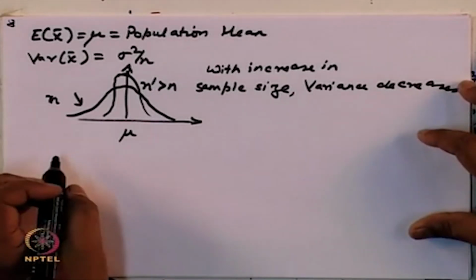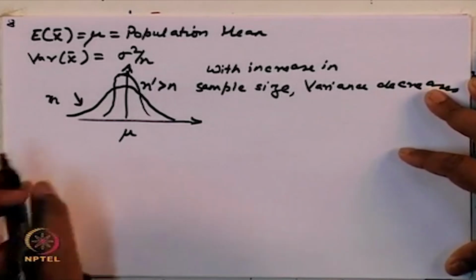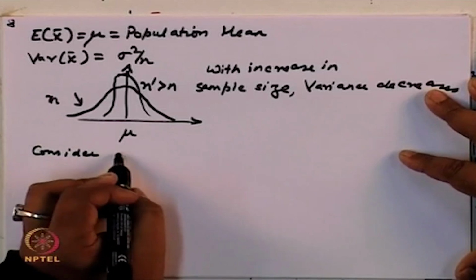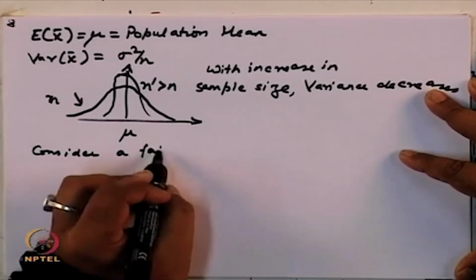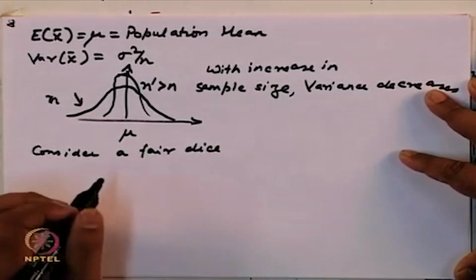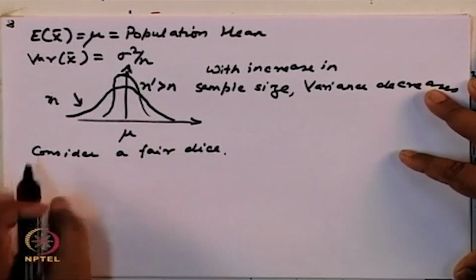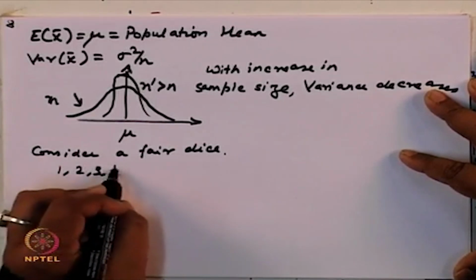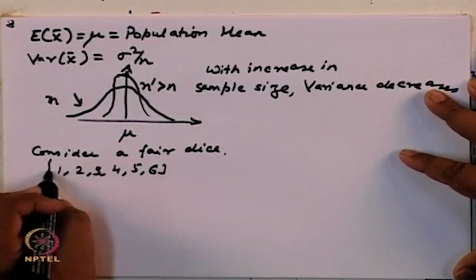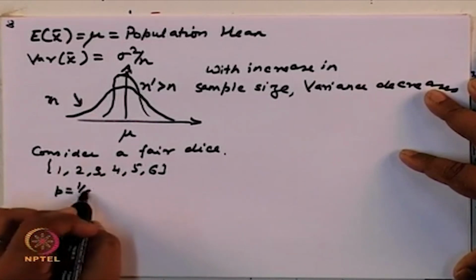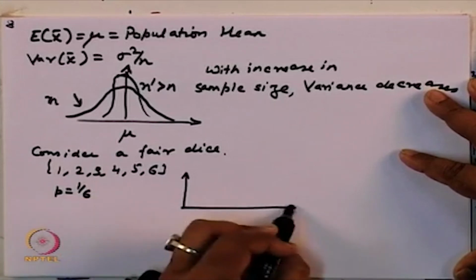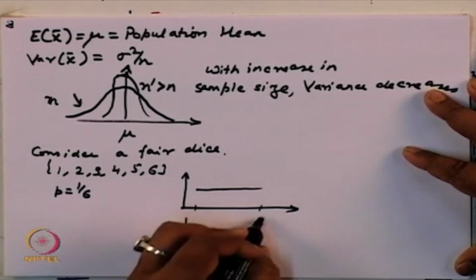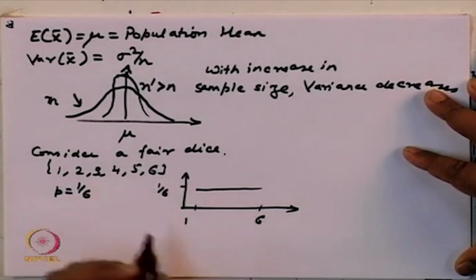Let us test it with a simple example. Consider a fair dice. If you roll a single dice, your outcomes are 1, 2, 3, 4, 5 or 6, and for each of them the probability is equal to 1 by 6. So, your distribution will simply be this from 1 to 6, and this value is 1 by 6.